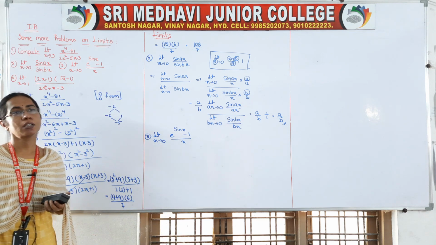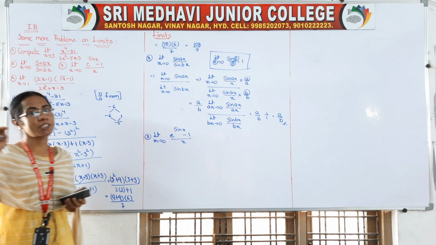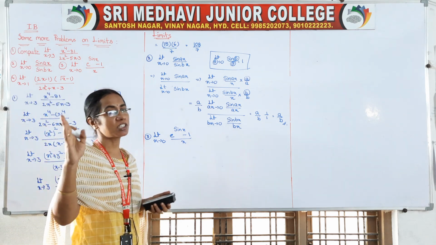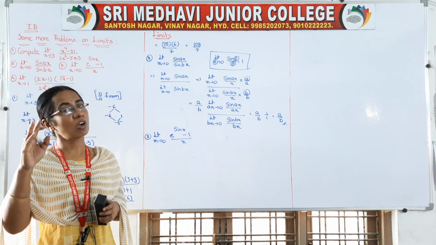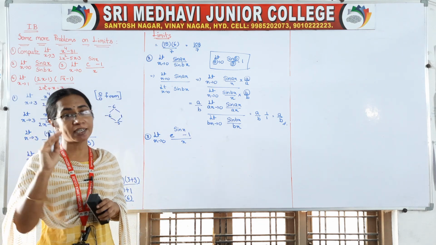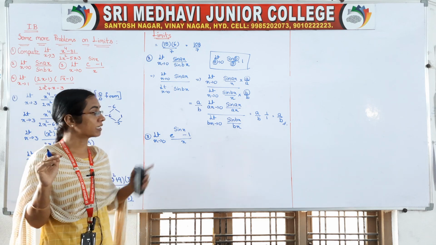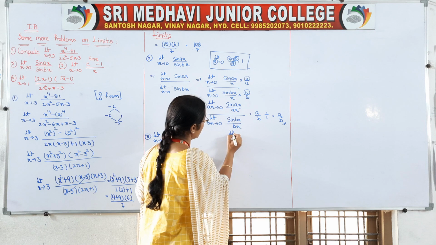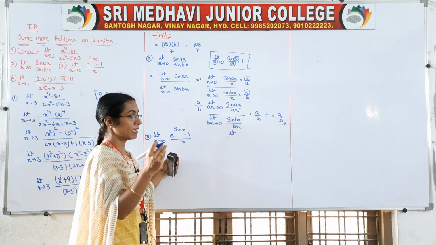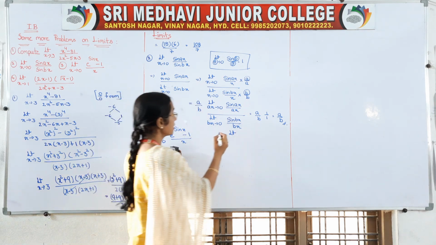Actually, in which method? The first method is substitution, next factorization, next rationalization, and in the fourth method we solve the problems by using some standard formulae of limits, isn't it? In that class, you got one standard result for limits. What is that?